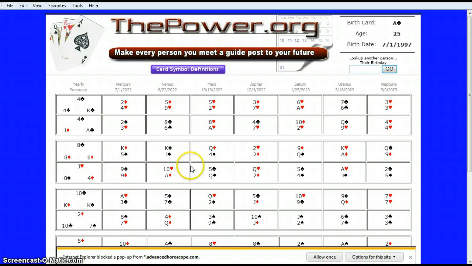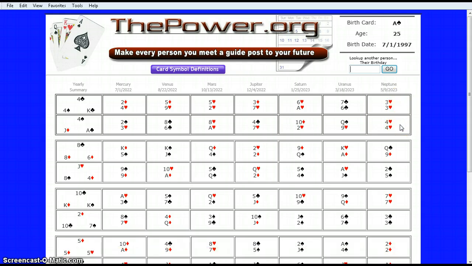Now, the only other thing is in the final planetary period, which is called Neptune, the 7th period, which is the last column on the right side. What happens is the cards naturally double up inside the box, which is normal operation of the system. Because this is purely mathematical, it cannot be changed. In other words, this is the way it works.